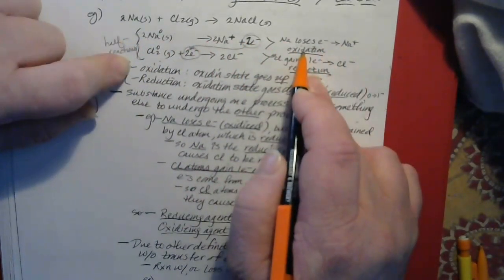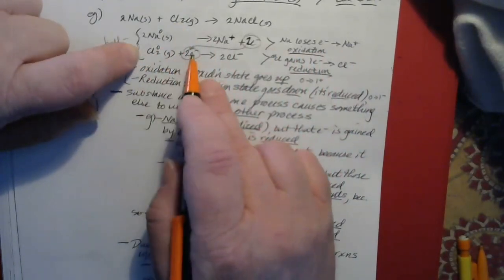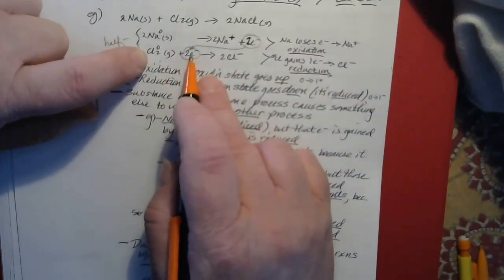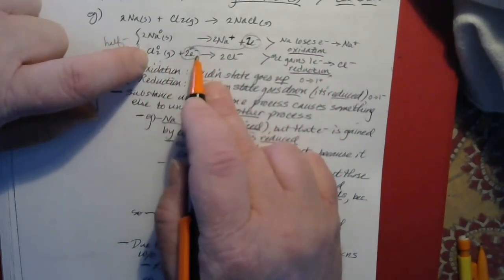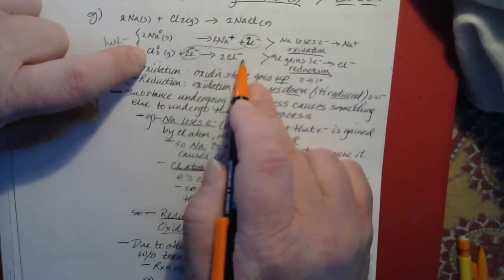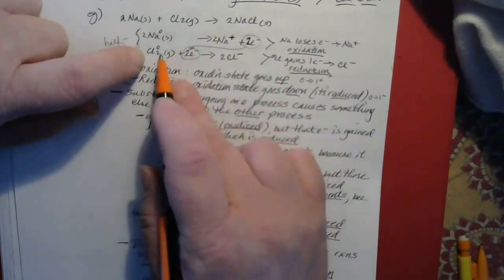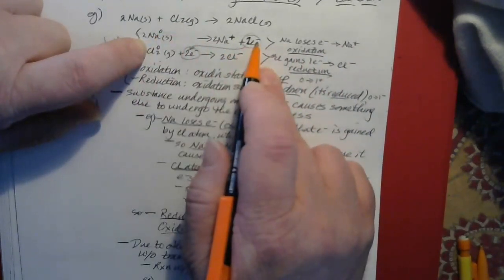That's an oxidation. What happens to the chlorine, though, is that each chlorine gains an electron, and so it's Cl2 plus 2e- as a reactant, to form 2 chloride ions. And these are the same 2 electrons. The 2 electrons taken in by the chlorine atoms are the 2 electrons released or produced by the sodium atoms.